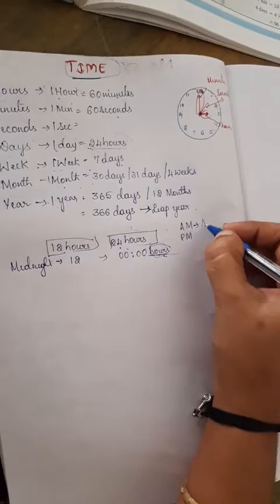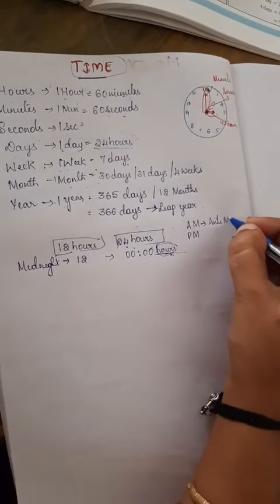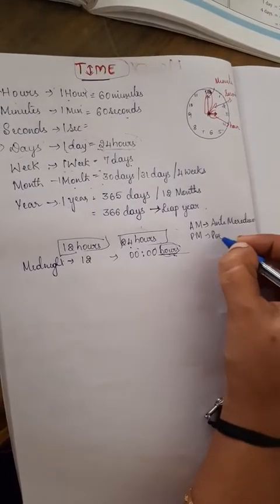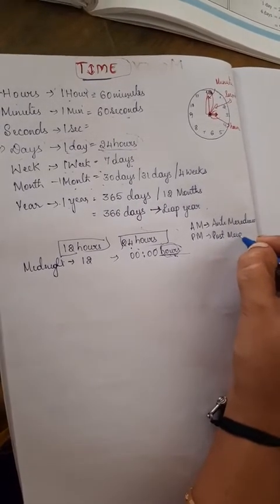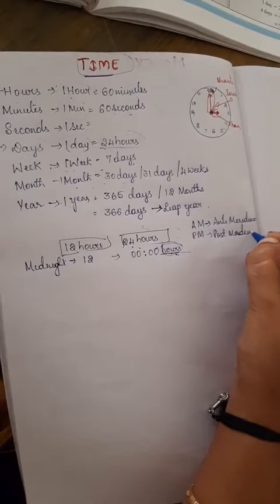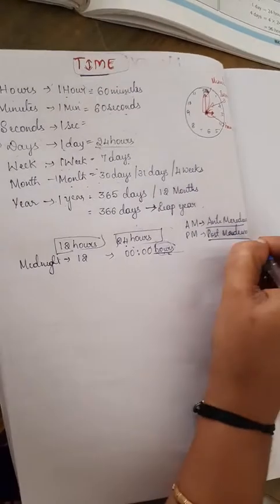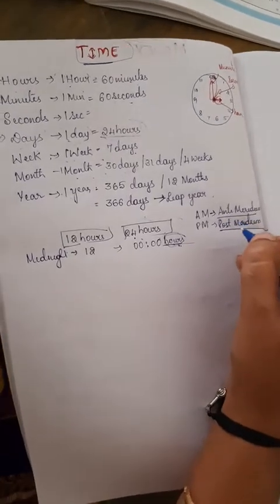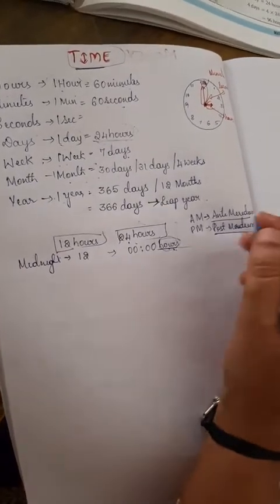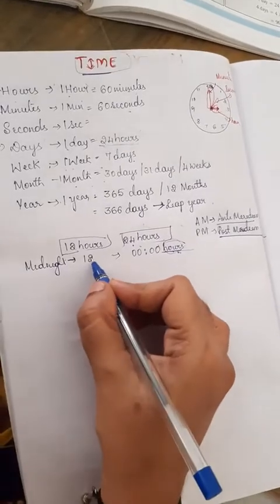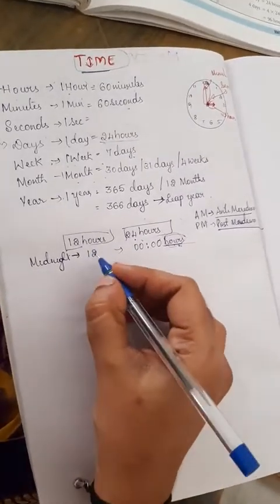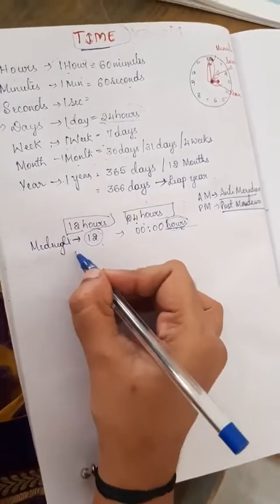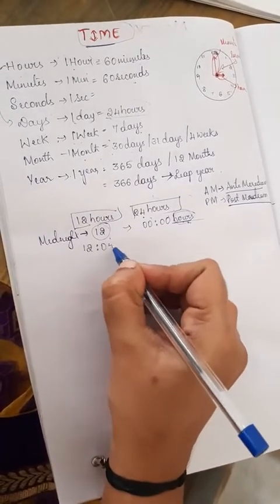Okay, and these timings are represented by AM, PM. Do you know what AM means? It is called ante-meridiem and PM is called post-meridiem. AM means ante, PM means post, and AM means morning, PM means afternoon onwards. Right, now after midnight, for example, you are going to wish your friend at 12, but you wish at 12:05.